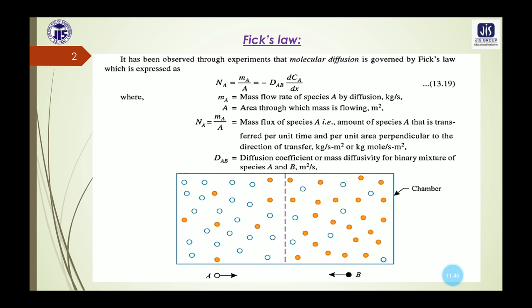After withdrawing that partition, there will be the transfer of mass for each species from its higher concentration to lower concentration, and after a sufficiently long period the equilibrium condition will prevail. That means there will be uniform concentration of species A and B within this chamber, and only then does the mass diffusion cease.